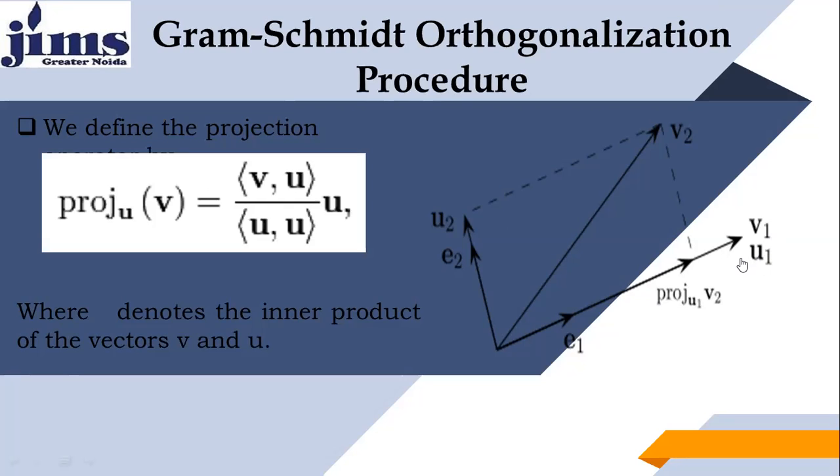So the first vector is found very easily: V1 is equal to U1. And this bracket is called the inner product of the vectors V and U. This is the inner product of V and U, U and U, and this is vector U, right? Now try to move further.